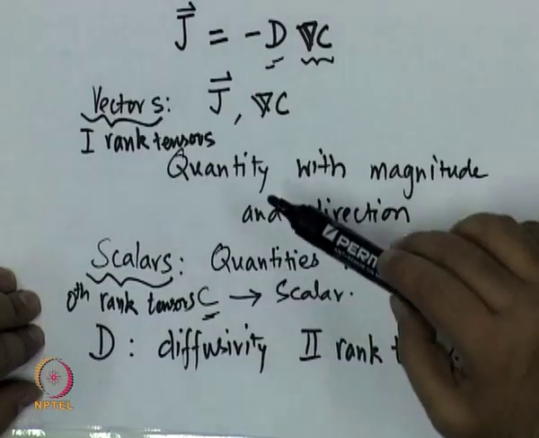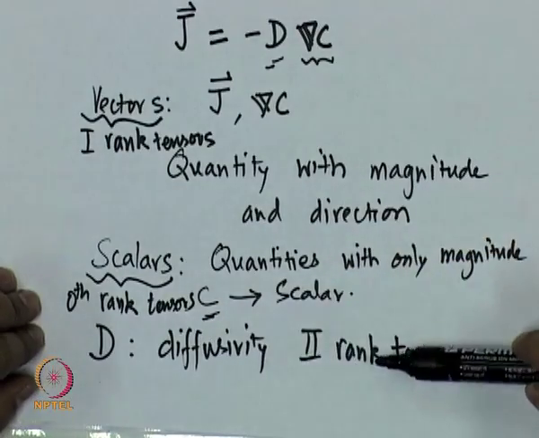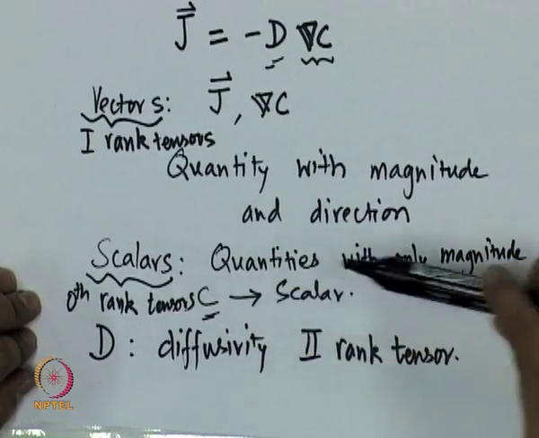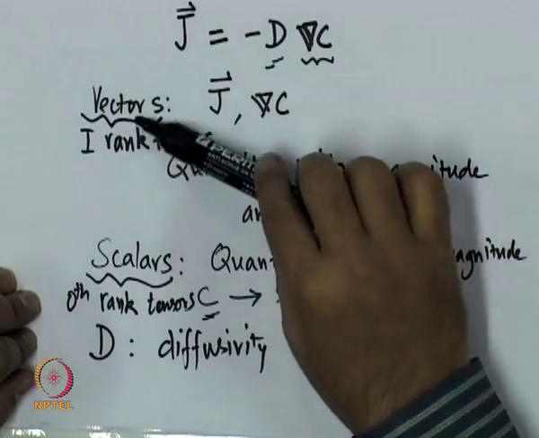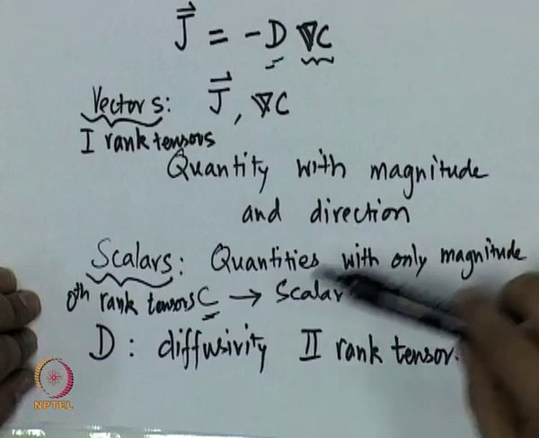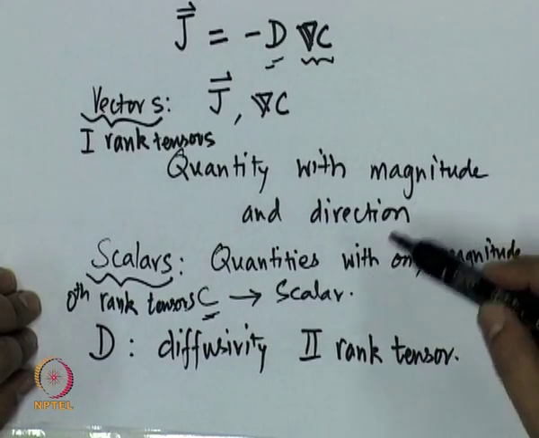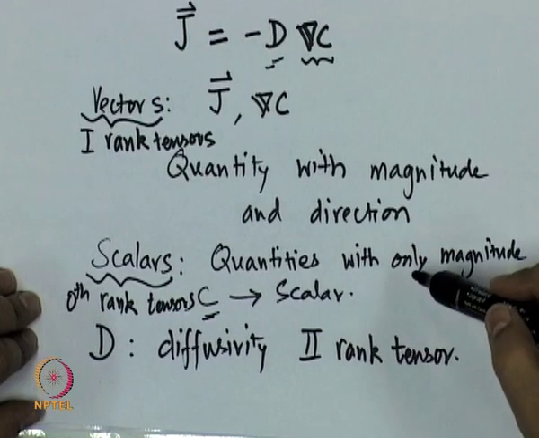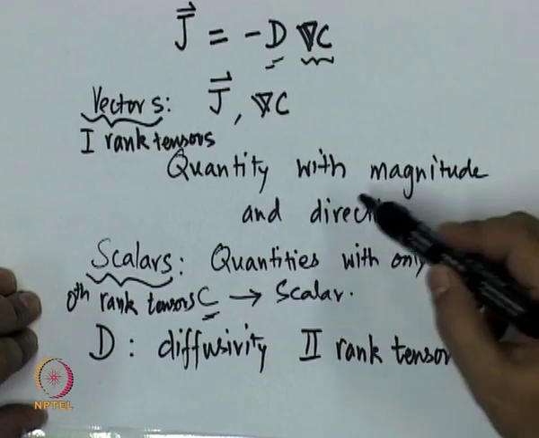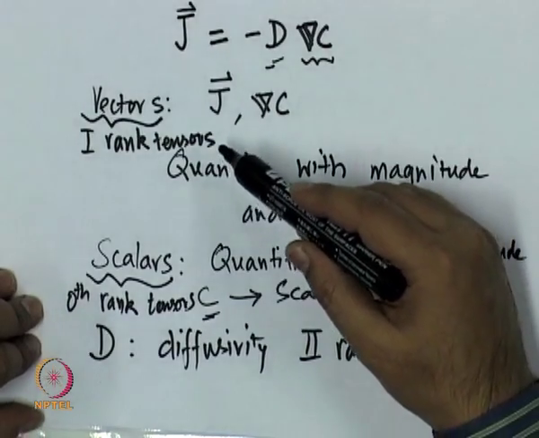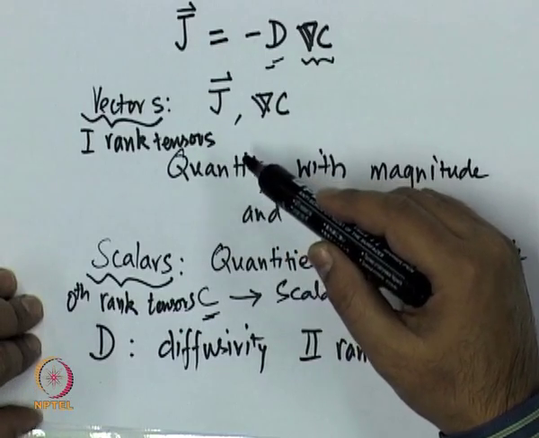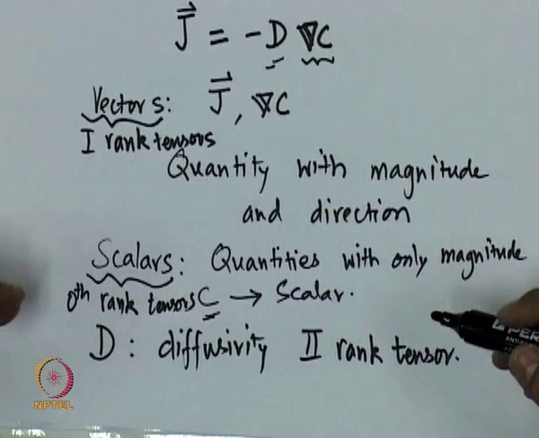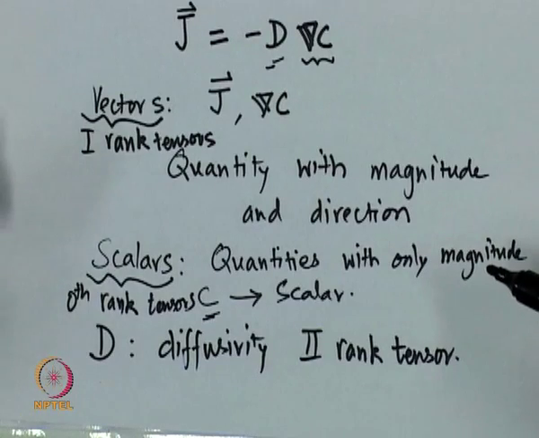We want to understand this concept of tensors a little bit more carefully, but the way we have defined it, scalars are quantities with only magnitude and vectors are quantities with magnitude and direction, does not help us to generalize to second rank tensors. Quantities with only magnitude are scalars, quantities with magnitude and direction are vectors, which are first rank tensors. And so, what is a second rank tensor?